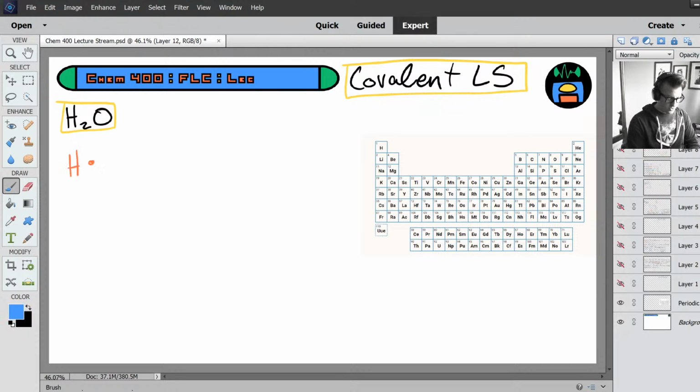So we've got H and H. They're both in the first column, so they have one valence electron. Now, oxygen is in the sixth column of the main group, and so it has 6 valence electrons.